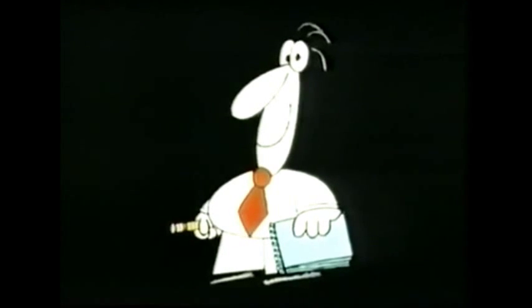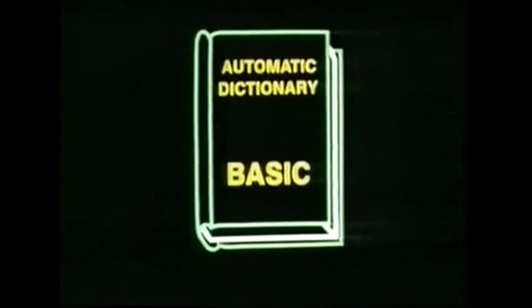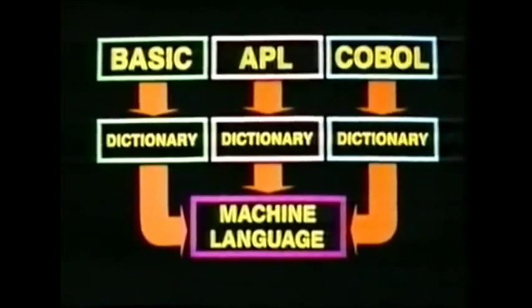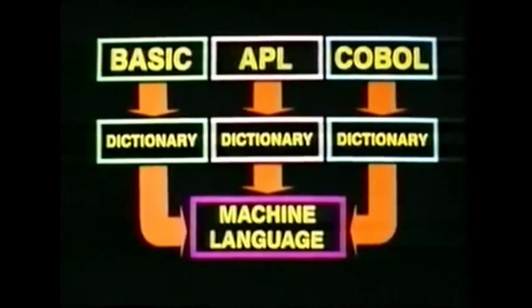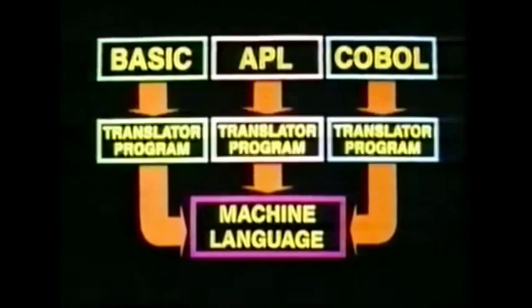Then, whenever someone wanted to use a key word or symbol or procedure in the high-level language, this dictionary would look it up, find out what it meant in machine language, and pass this on to the computer. These dictionaries, which automatically translated from a high-level program into a low-level machine language program, were in fact themselves programs, translator programs.